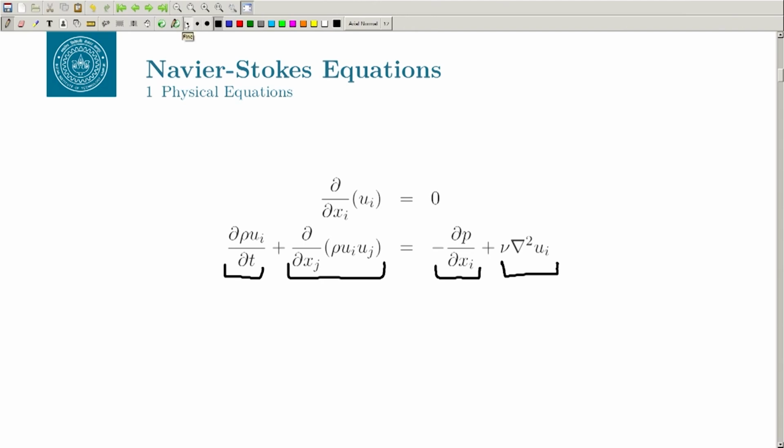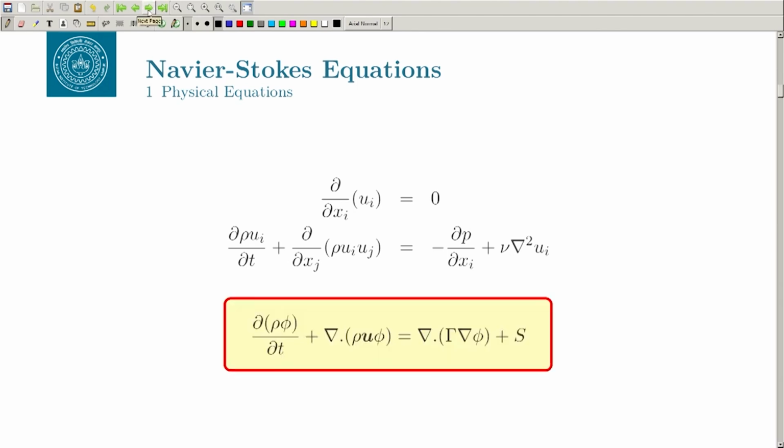If you look at all these equations, the mass conservation, momentum conservation and energy conservation also, they can be written in a very simple form, which is shown below. Here I have taken the temporal term and the convection term, and this is the diffusion term, which can be viscous diffusion, and there is a source term.